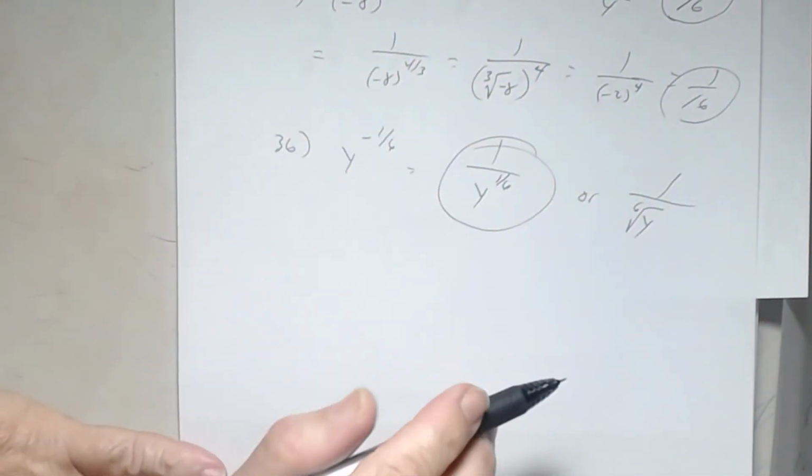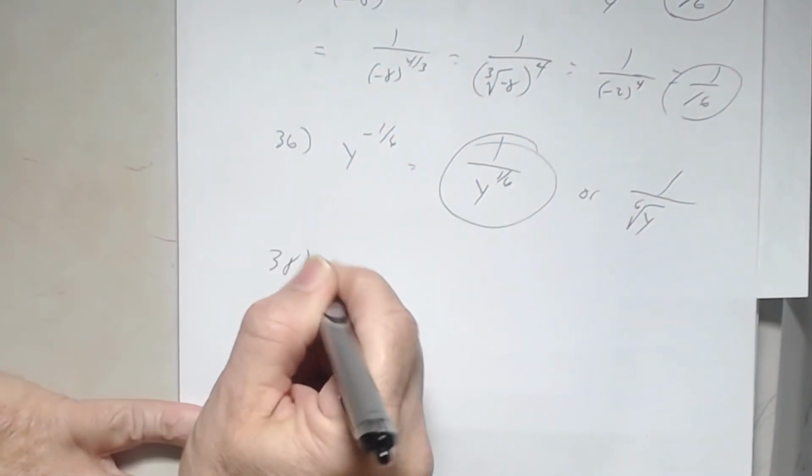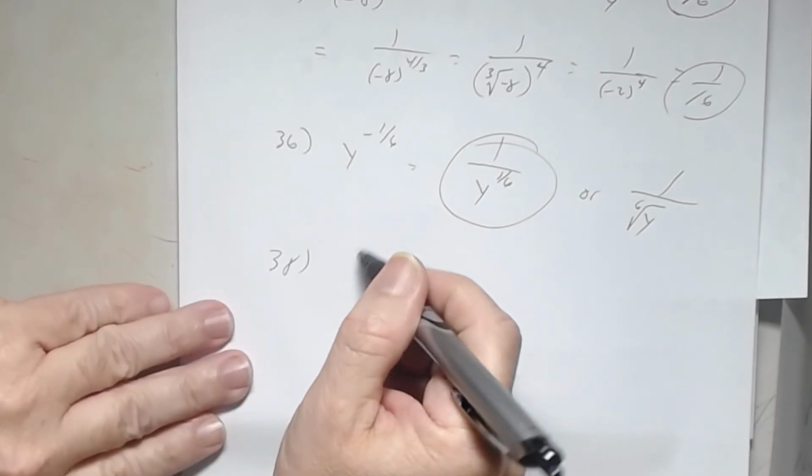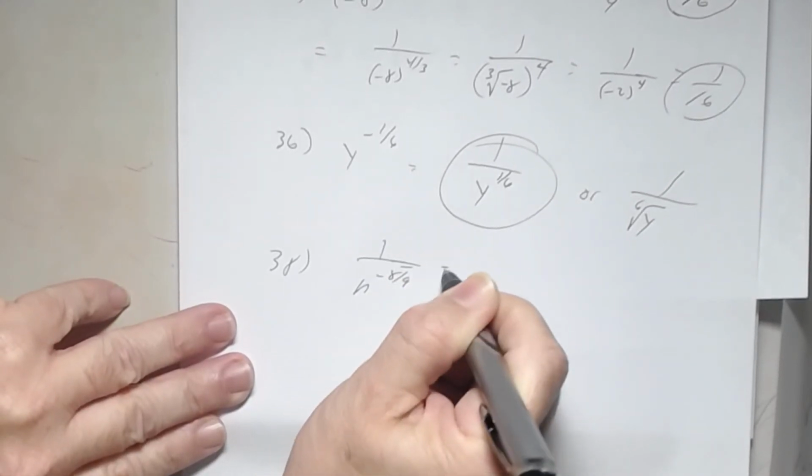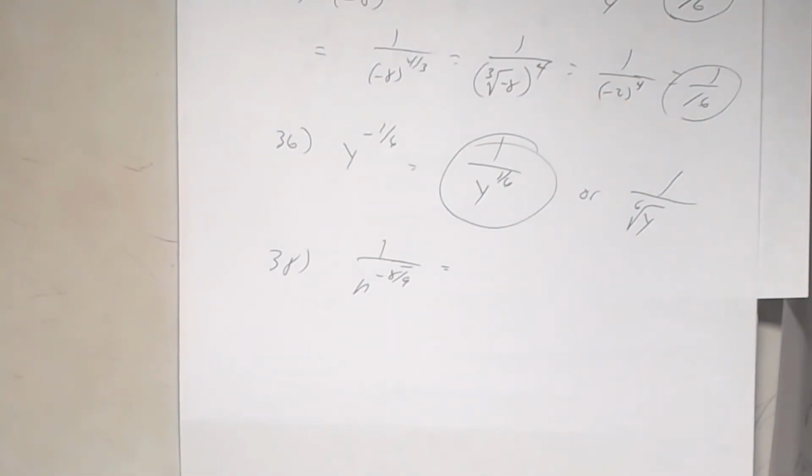All right. Same thing with 38. Think about 38. You have 1 over n to the -8/9. What's the first thing I need to do? Make the exponent positive. So what is this the same as?